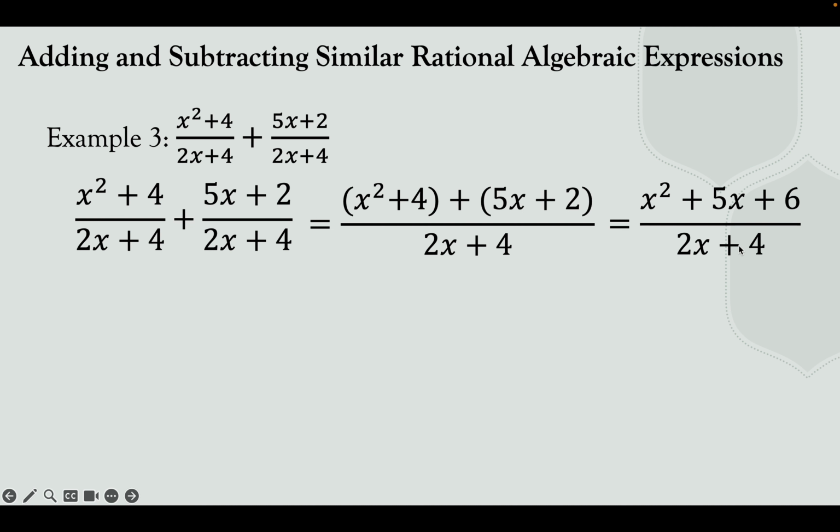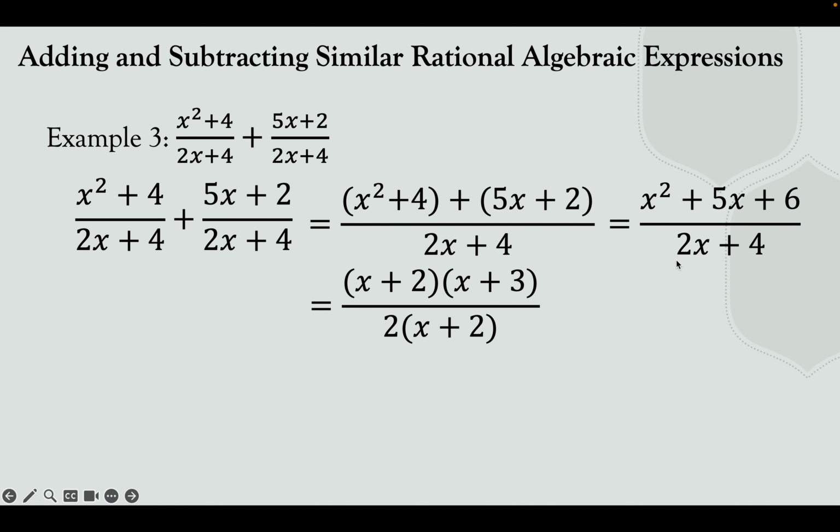Now, to simplify this one, let's recall factoring a general trinomial where a is equal to 1. And in the denominator, we need to factor out the greatest common monomial factor. So for the numerator, x squared plus 5x plus 6, the factors are x plus 2 times x plus 3.